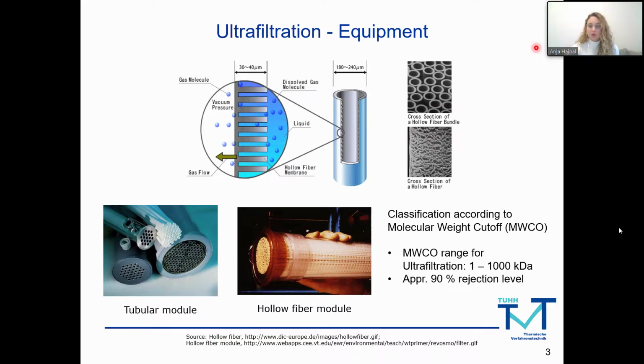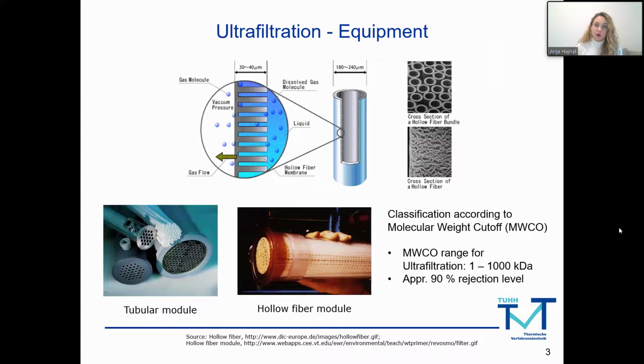The other possible way is to have the vice versa. If we have our tubes like this, we can have our feed flowing in between, and then our filtrate going out from the inside of the tubes. Each mode, of course, has its own advantages, and which one we're going to use depends on the system.